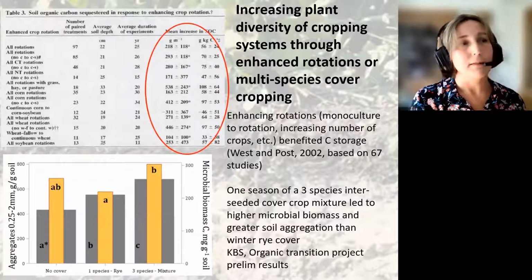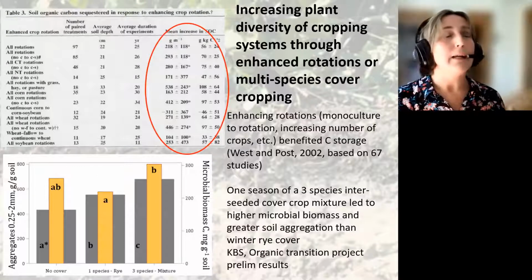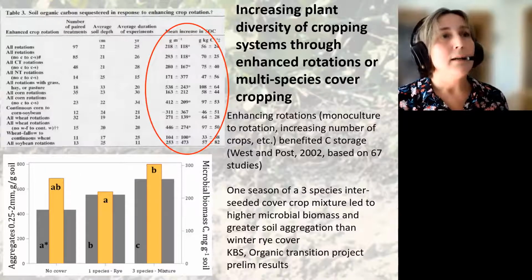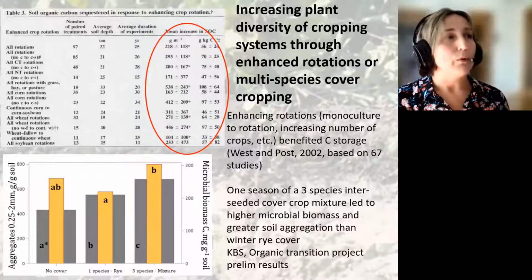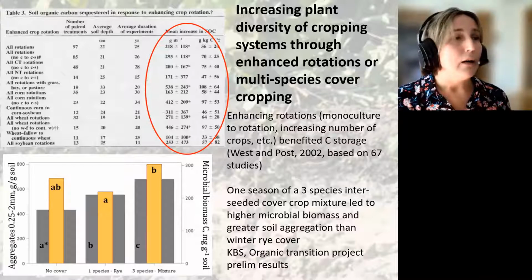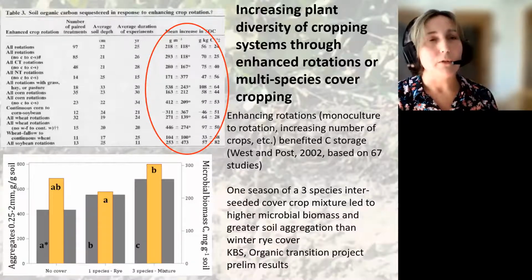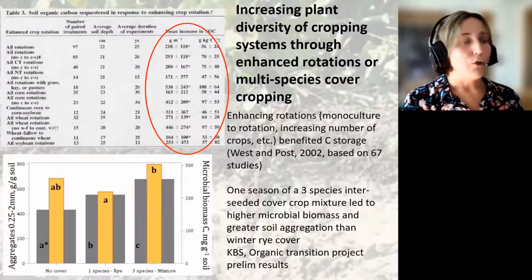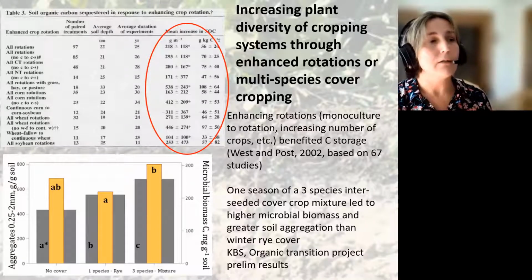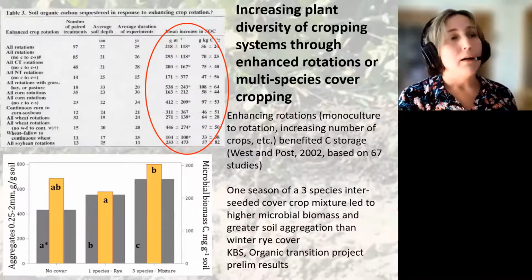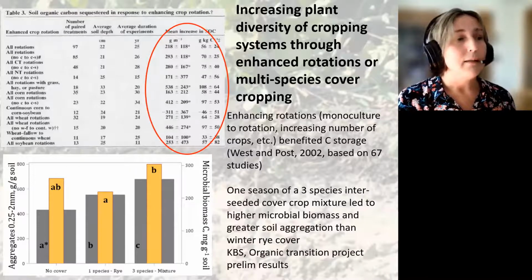Here is an example from the literature showing how enhancement in rotations over the long term, in almost every cropping system, led to carbon gains. And on the bottom is an example from our ongoing work, just some preliminary data showing how a mixture of several cover crops led to higher microbial biomass carbon than no cover or one species.